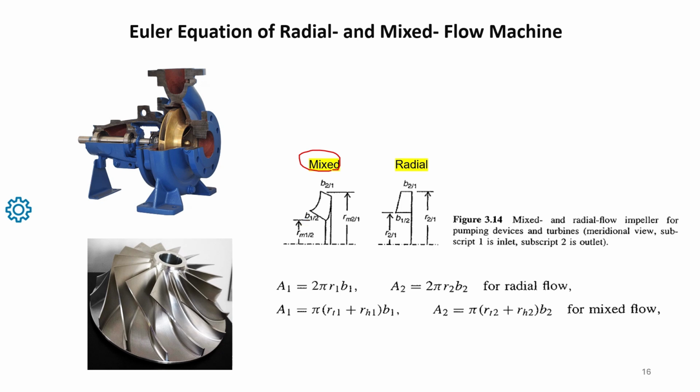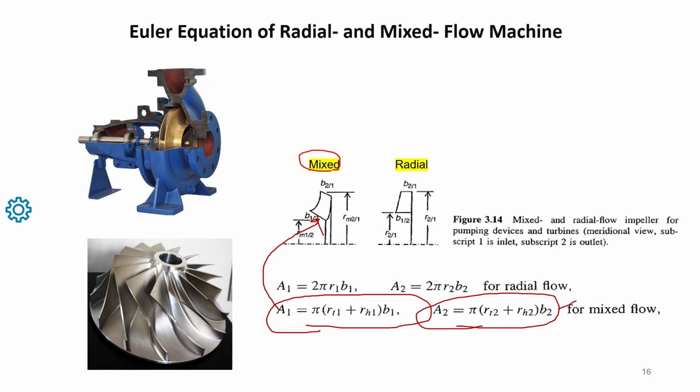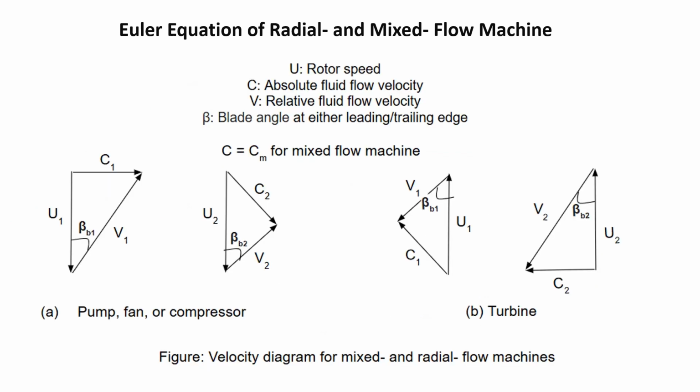So the area of the flow at the leading edge at this point can be calculated with this formula, and this is the area of the flow at the trailing edge, okay? So just be aware of this when we talk about mixed and radial flow machines.